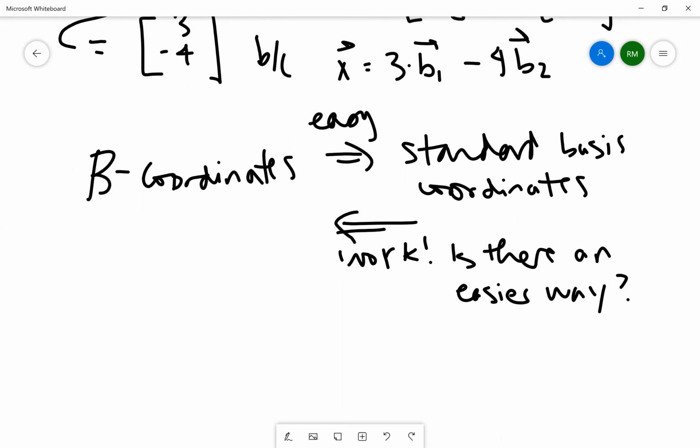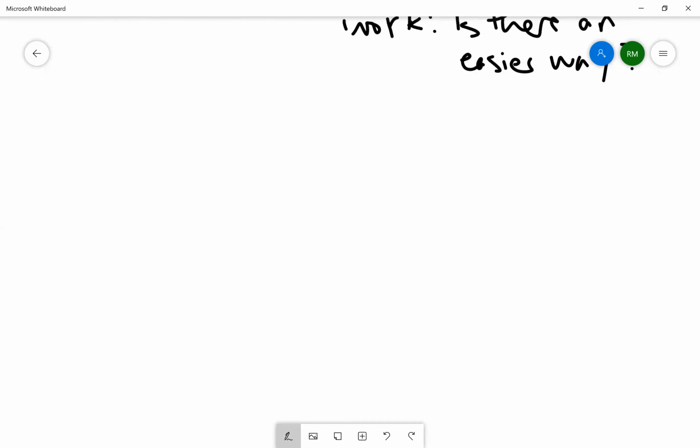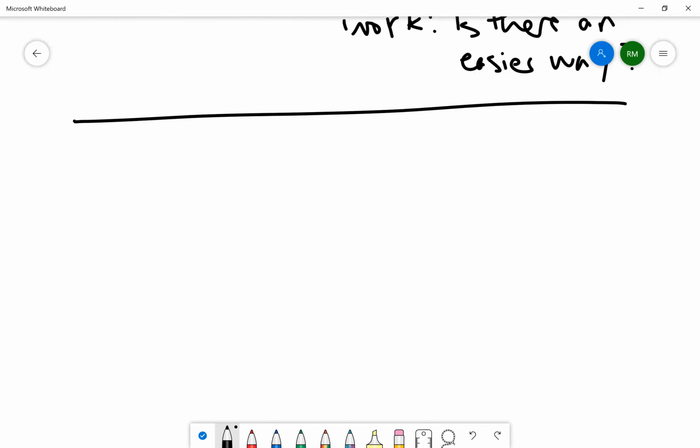Okay, so let's look, it's a little bit of theory. Let's look at a vector x, and we know that it's equal to some unique combination of these basis vectors.